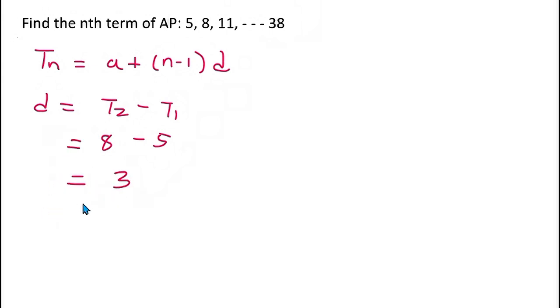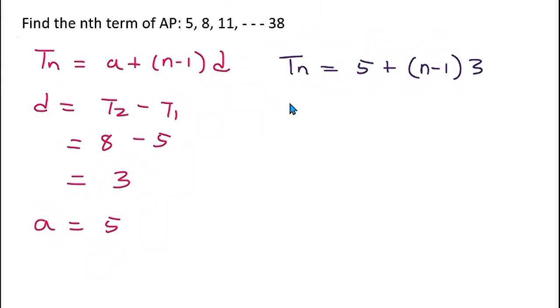Now the first term A is already given in the sequence, which is 5, so we are to find the nth term. In this case, we are going to have Tn equals the first term, which is 5, plus (n minus 1) times the common difference, which is 3. Let's go ahead and simplify this.